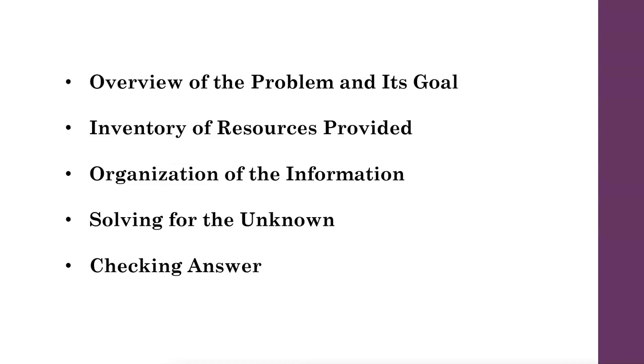Then organize that information, solve for what we're looking for, and check our answers. That's generally how we would approach any word problem. But with related rates, it becomes more crucial to follow a certain process.